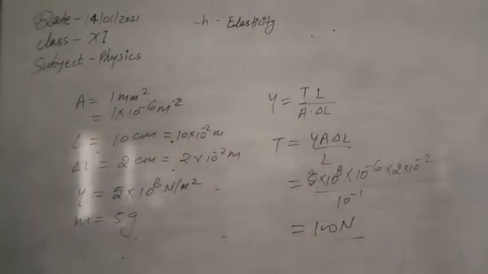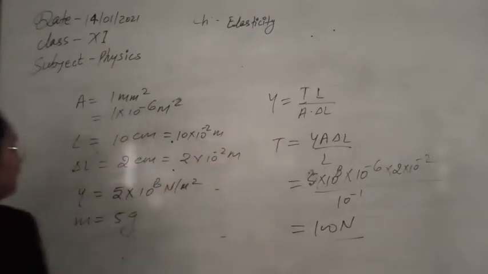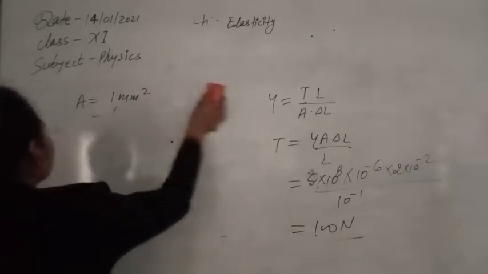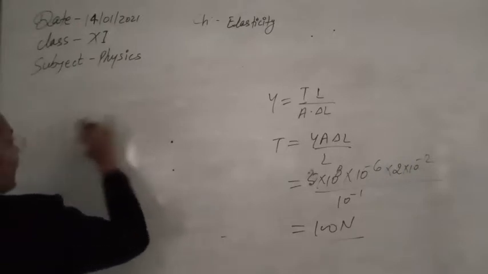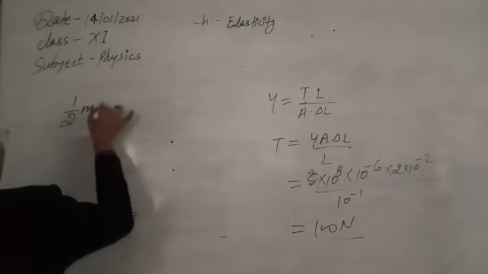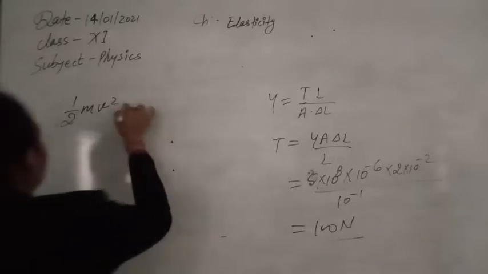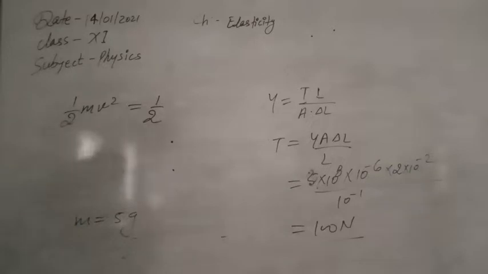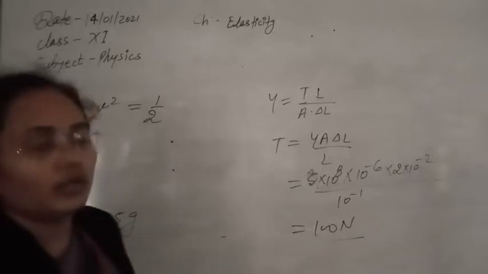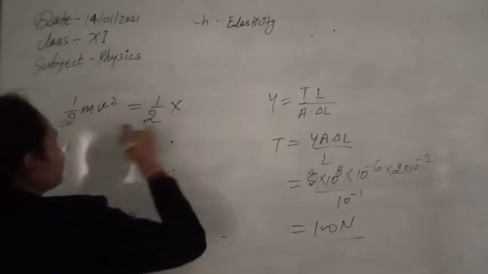Now the second question: what is the velocity of projection? The elastic potential energy is converted into kinetic energy. So elastic potential energy equals kinetic energy, and the kinetic energy for the missile is half m v square, where v is the velocity of projection and m is the mass of the sphere. The elastic potential energy can be calculated in any of the cases: half into extension into the load, or half into stress into strain.